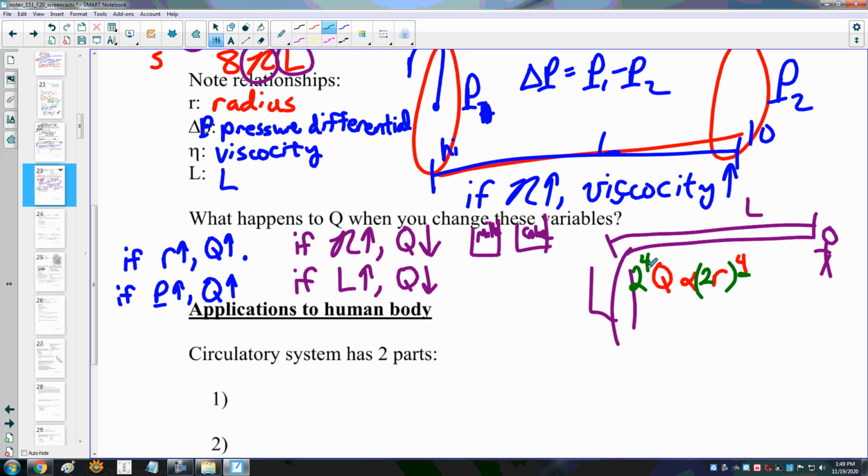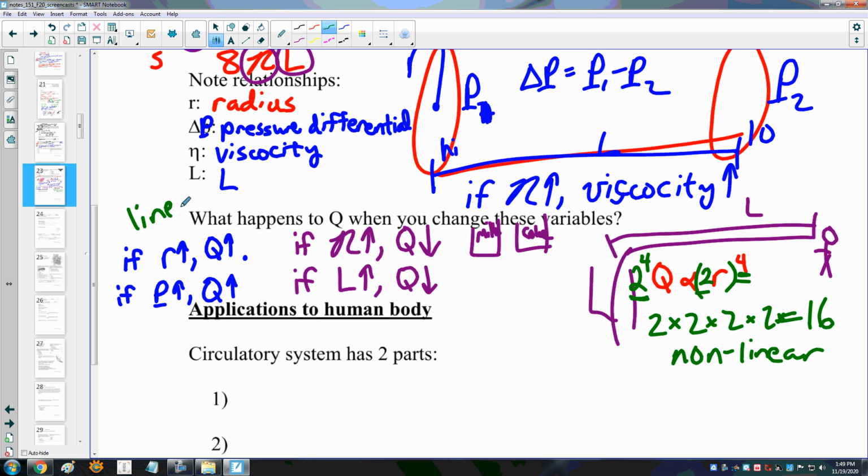In order to balance this equation and make the right-hand side equal to the left-hand side, I have to have a 2 to the fourth here and a 2 to the fourth here. And 2 times 2 times 2 times 2 is equal to 16. So an increase of a factor of 2 in R will increase the volume flow rate by a factor of 16. It's a non-linear relationship. All of these others are linear, right?